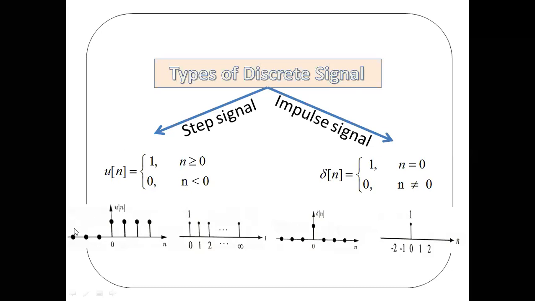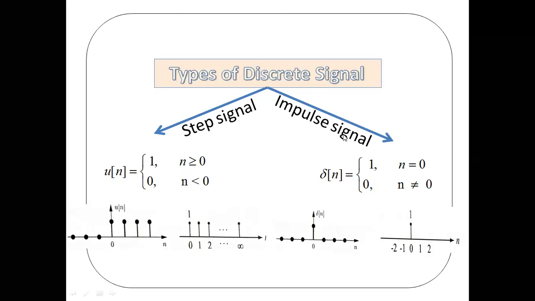We can see that based on this diagram, this is u[n], the step function in a discrete time system.